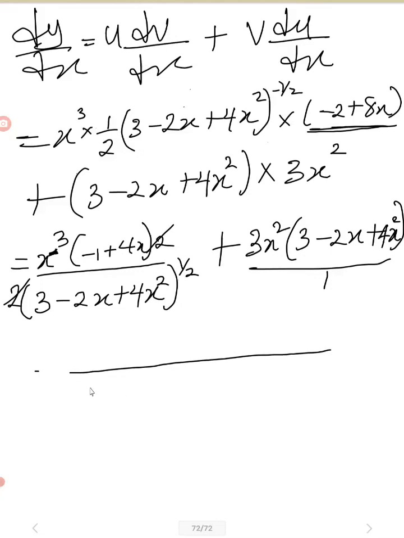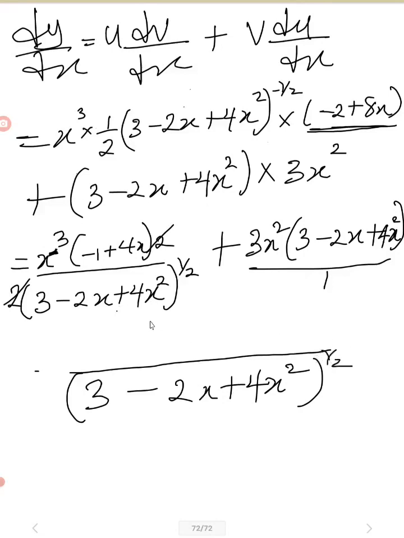Our LCM now is (3 minus 2x plus 4x squared) raised to power half, so this we cancel straight.